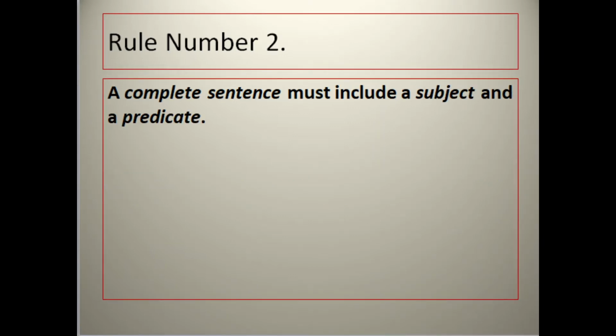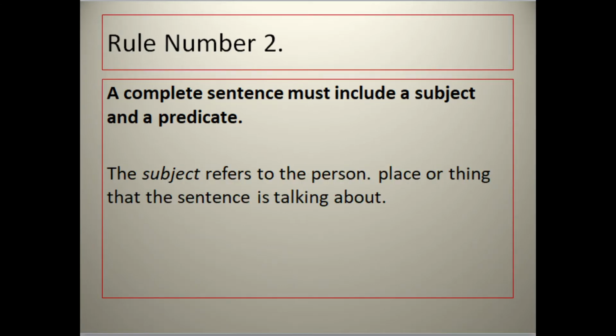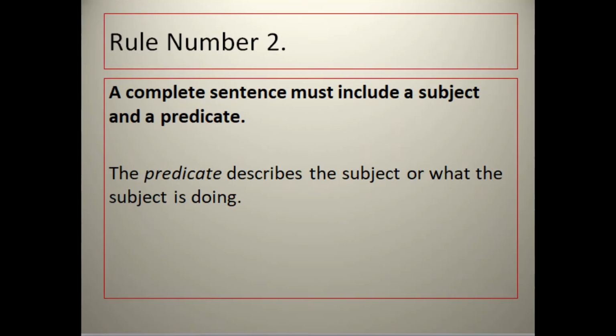Number 2. A complete sentence must include a subject and a predicate. Example, the old bell rang loudly from the distance. The subject refers to the person, place, or thing that the sentence is talking about. The predicate describes the subject or what the subject is doing.